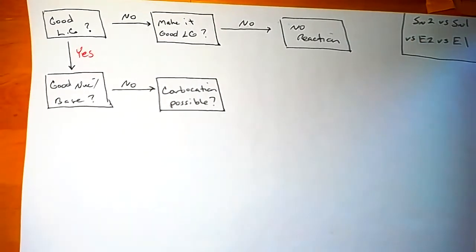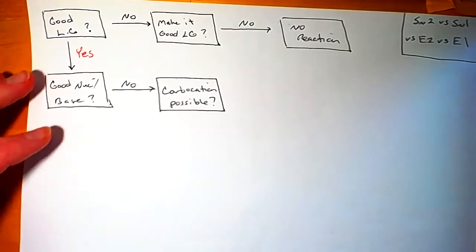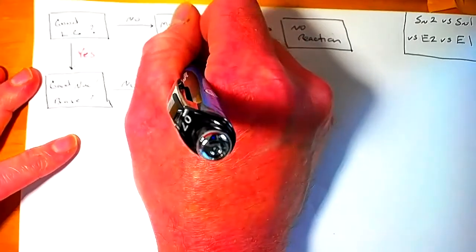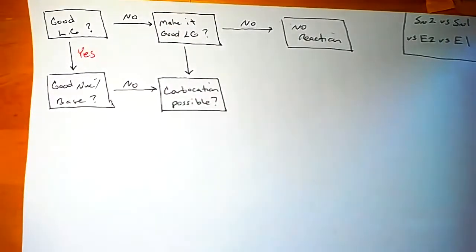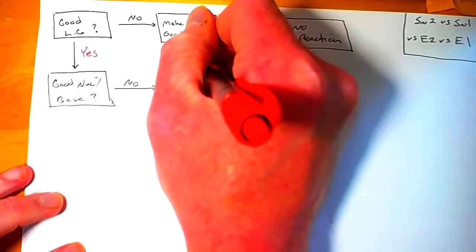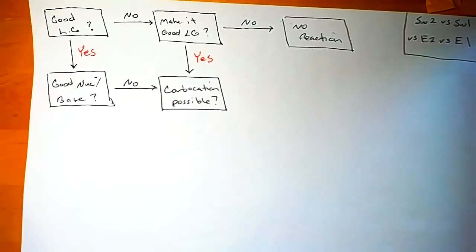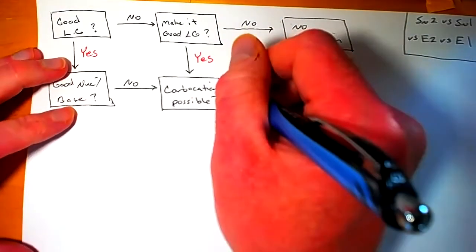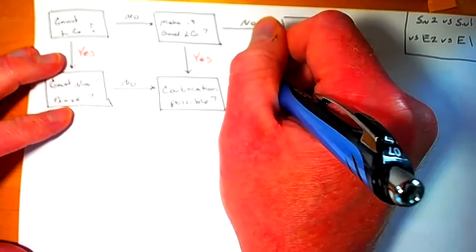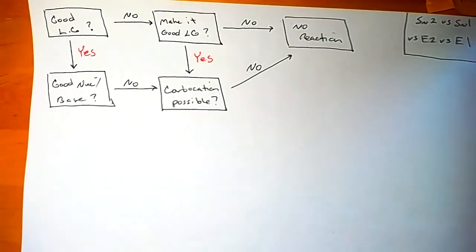Again, remember, rearrangements can occur here if it is. You may not be able to make a good carbocation to start with, but it could rearrange into one, so you have to think about that as a possibility. This also ties in above too: if you can make it into a good leaving group, then you should be asking yourself this question as well, can you form a carbocation? If carbocation formation is not possible, then this is again a kind of no reaction situation.